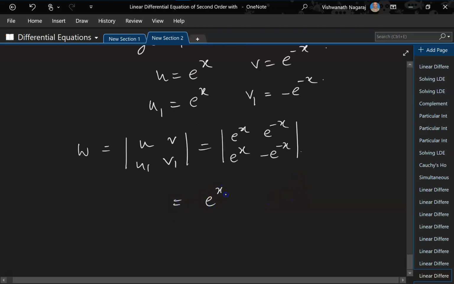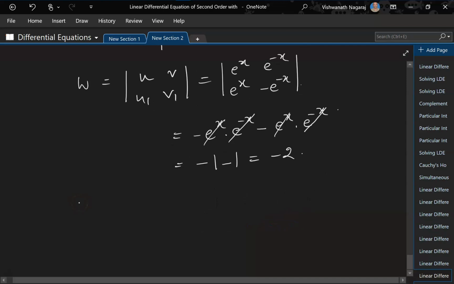So e to the power of x times minus e to the power of minus x minus e to the power of x times e to the power of minus x. These two get cancelled, we are left with minus 1 minus, again these two get cancelled, minus 1, which is equal to minus 2. Since it is not 0, that means a solution exists.